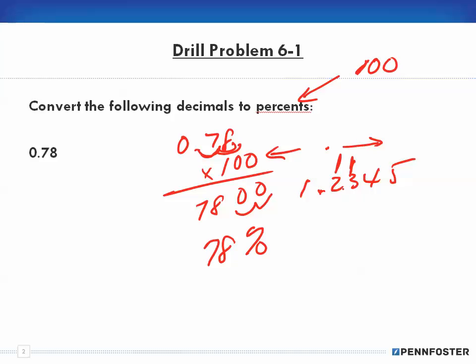So if I move my decimal place over 2 places, I'm actually talking about this hundredths place. So the easy way to do this is I just move my decimal place over 1, 2, put the decimal place there, and put a 0 after it. So I have 78.0 as the percent. Since that's 0, we can just write it 78. Okay, so that's the math and the theory behind it.